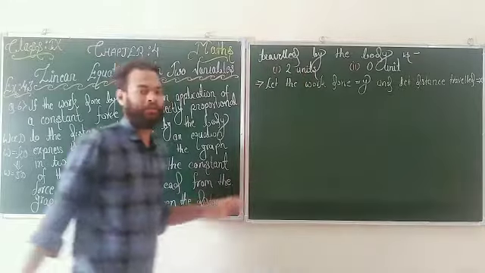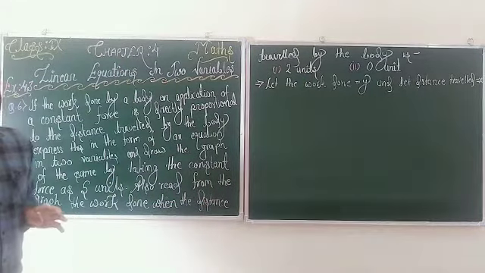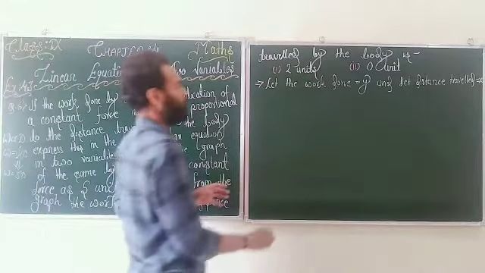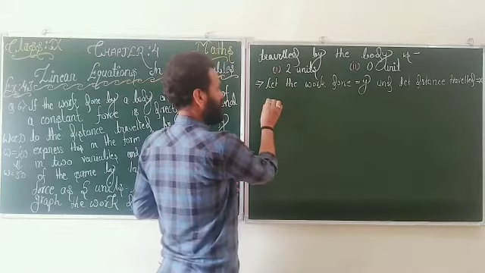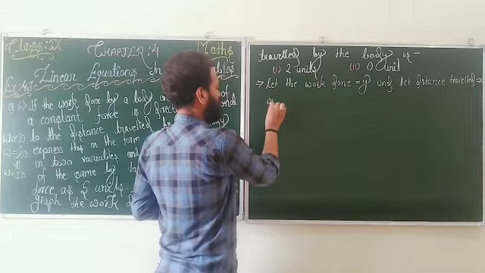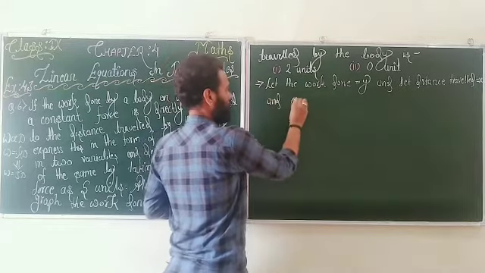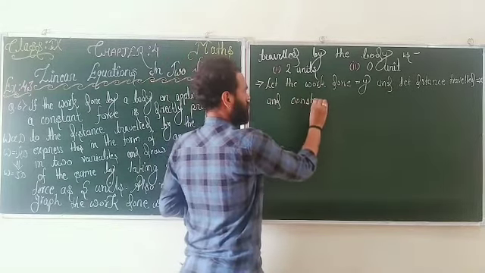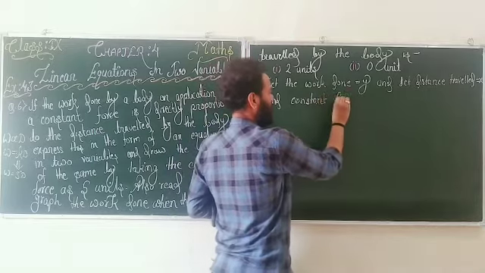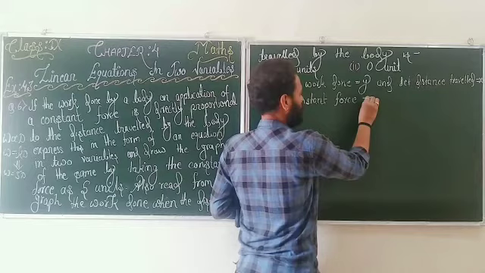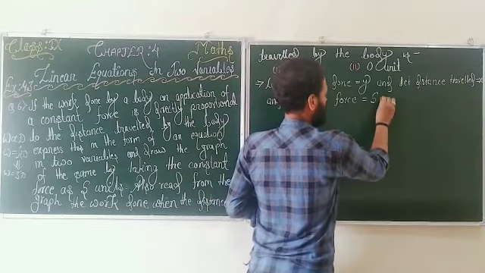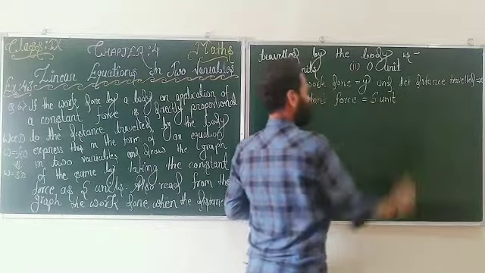The work done is y unit and the distance traveled is x unit. And the constant term which is given is 5 unit, the constant force applied is 5 unit. This is given in the question.